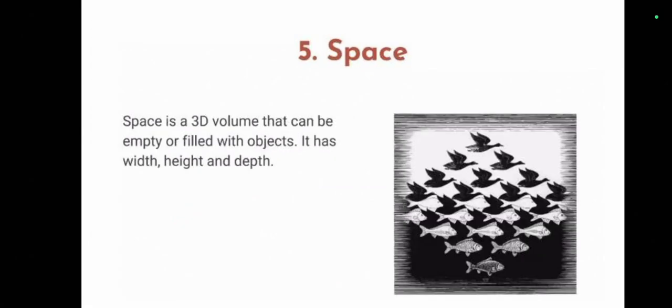Next one is space. Space is the 3D volume that can sometimes be empty or filled. As we have seen things in 3 dimensions, in 3D printing also, we can choose for the system to be filled or hollow. In engineering, space management is crucial. Here you need to deal with positive space and negative space.